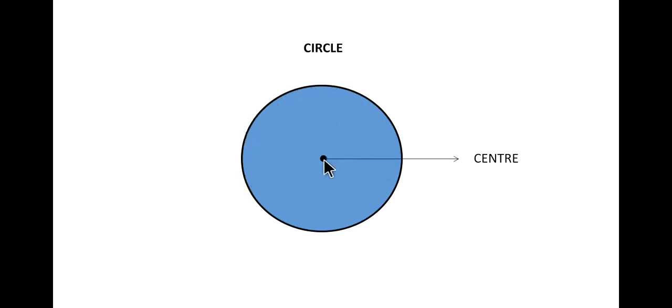So the distance from the center to any point on the circle is always equal. Means the distance between the center and that particular point in that circle is always equal.